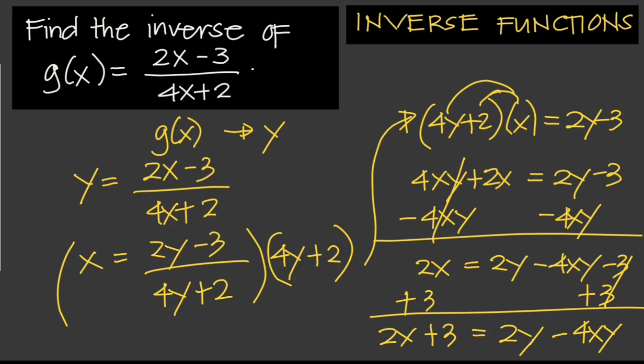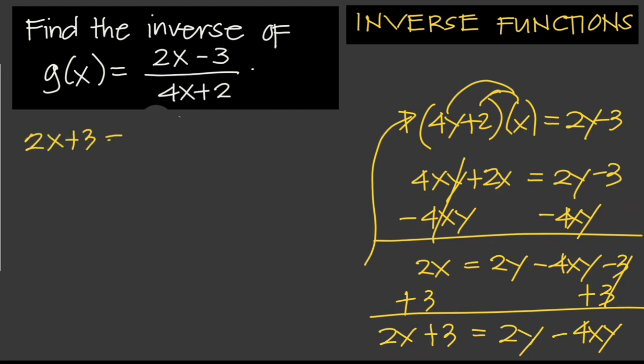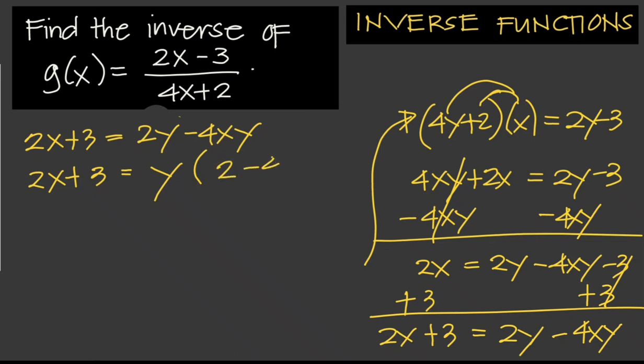So we can factor out y from the right side. So that is 2x plus 3 equals 2y minus 4xy. We factor out y. So this would be y times 2 minus 4x.